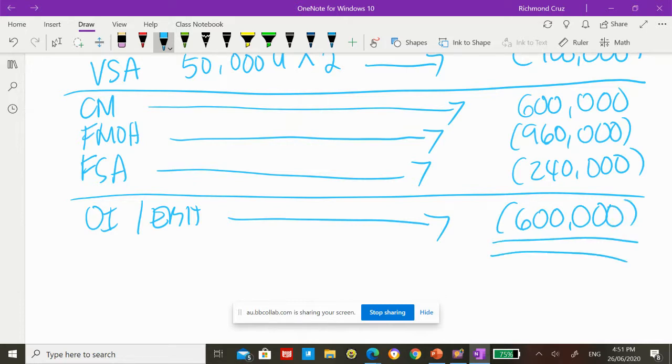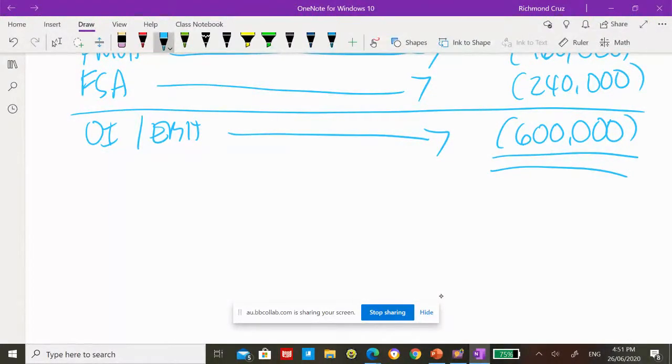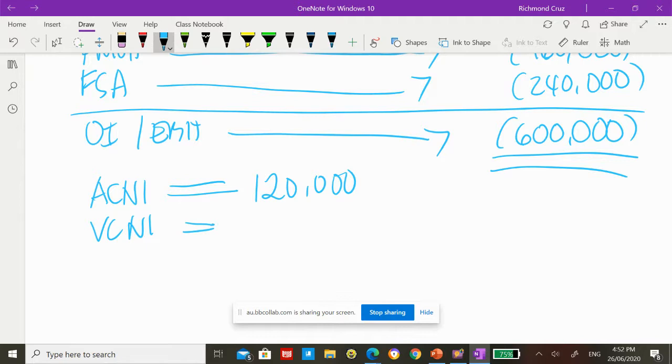Now, if you remember, for year two, the absorption costing operating income or net income is equal to 120,000, and our variable costing net income is equal to negative 200,000, and this time our super variable costing net income is equal to negative 600,000.